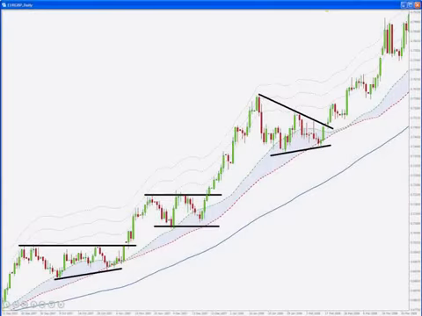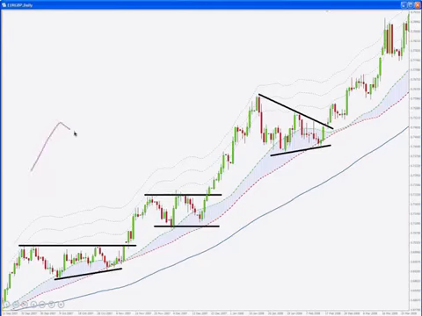Now, this video is already running too long. It's time to wrap it up. So just to finish off this video, I wanted to show you a general outlook of one of these trend following breakout models.